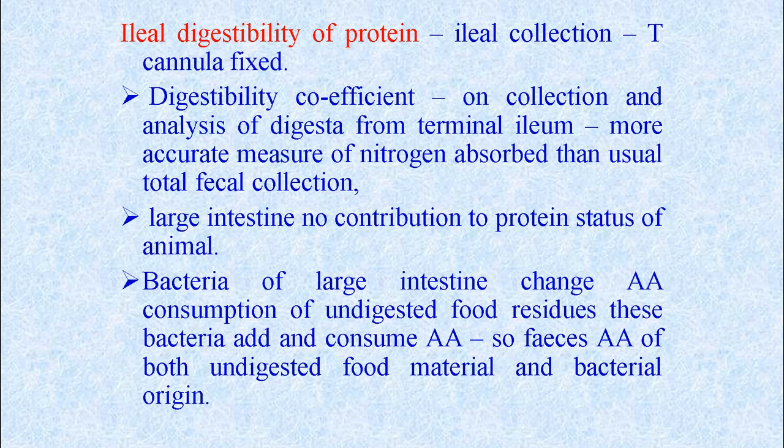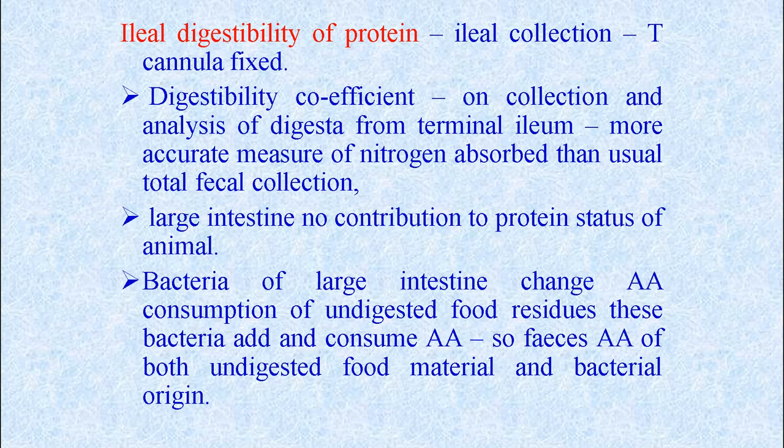Then the digestibility coefficient is based on collection and analysis of the digesta from the terminal ileum, especially in the latter animal, and is one of the most accurate methods.